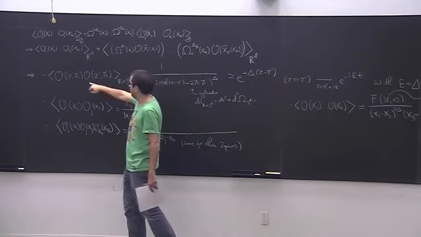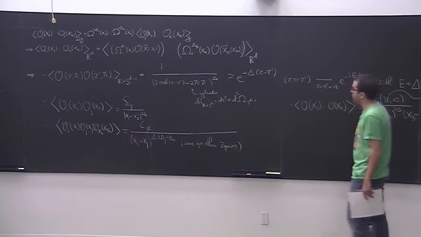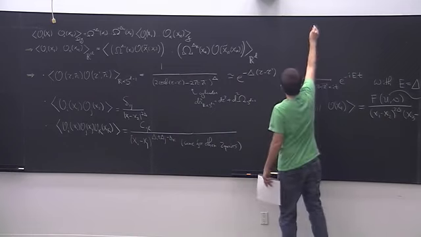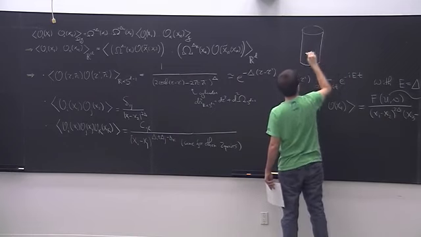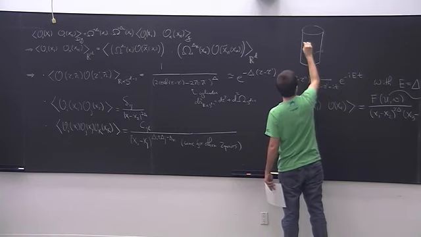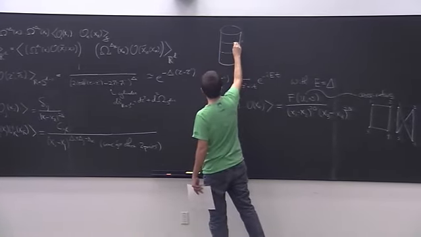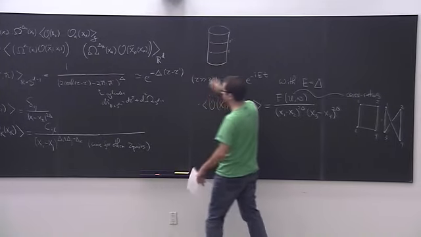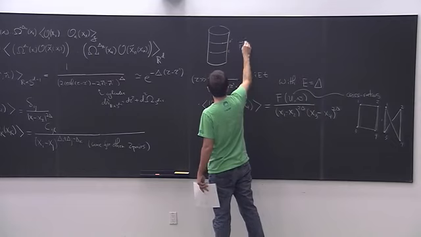We also saw correlation functions in the cylinder, for this tau and tau prime in the cylinder, so we had our theory on R times the sphere, and we have some tau here, some tau prime here, and we have some operator and some operator. They are at different positions, meaning the different unit vector n that parameterizes the points in the sphere.